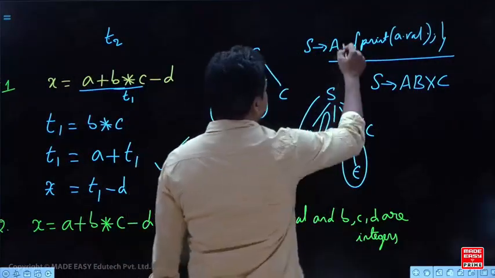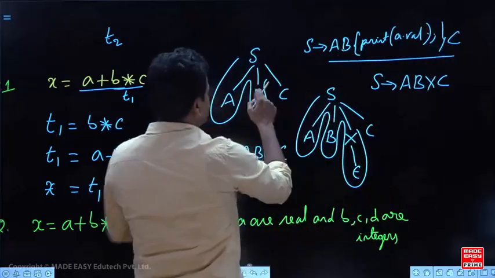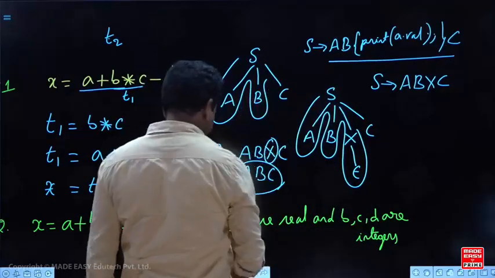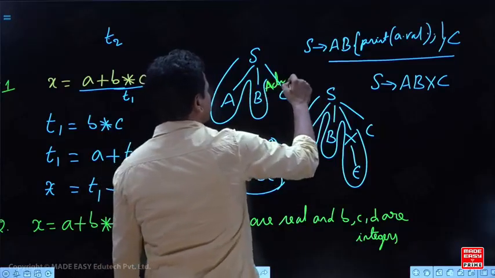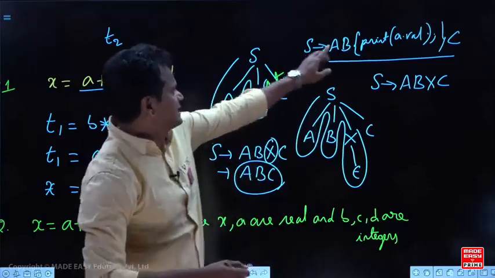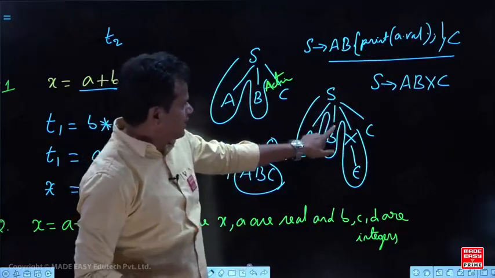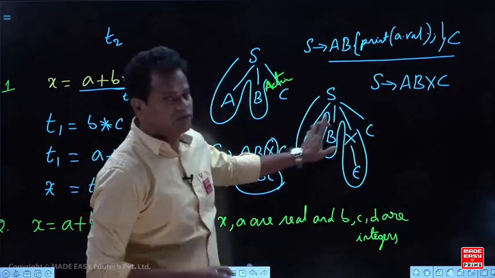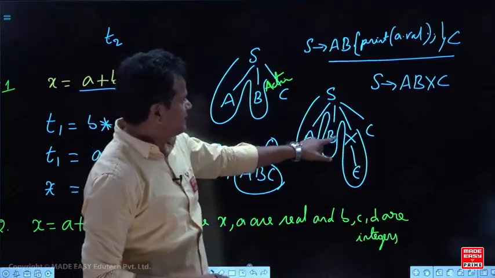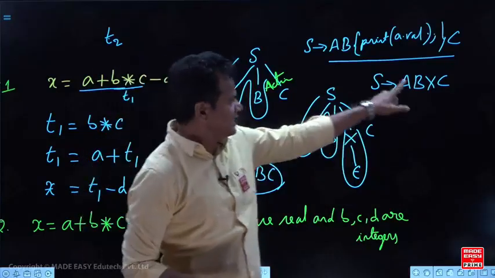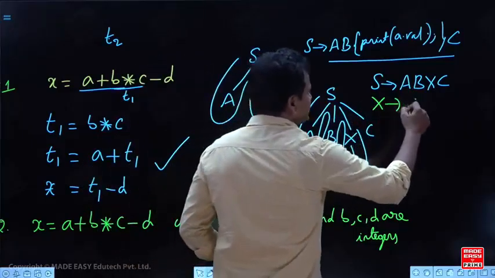The old production is S derives ABC, and after AB you are taking the action. The action is performed here. So S derives AB, after action, then C. Before going to C you have to perform the action. For that I took another variable X after AB, and the production should not be changed. For that reason I am taking X derives epsilon.